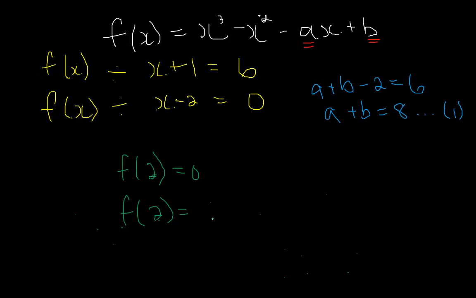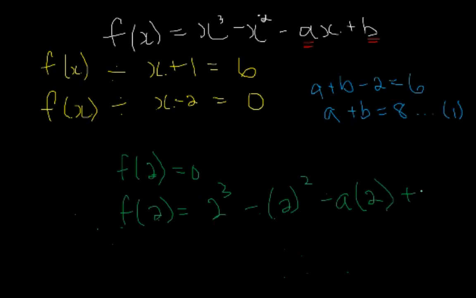So f of 2 would be 2 cubed minus 2 squared minus a times 2 plus b. 2 cubed is 8 minus 4 minus 2a plus b.